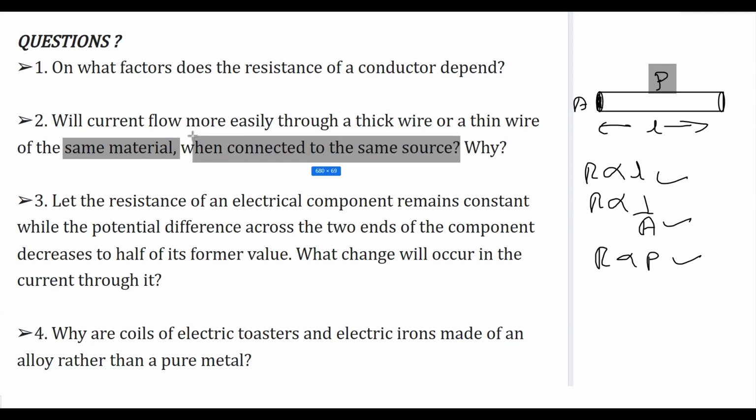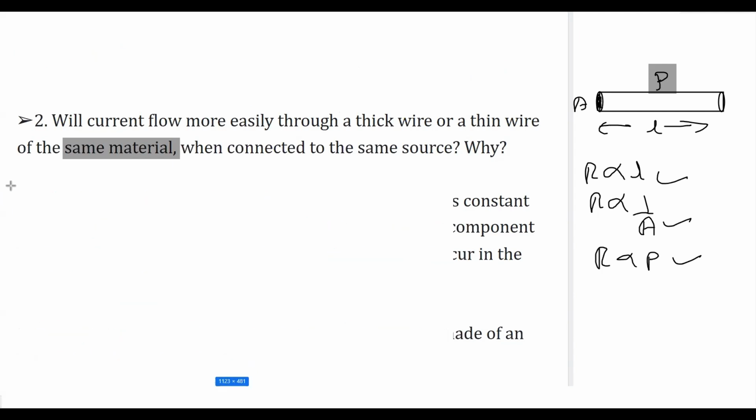And when connected to the same source, thick wire or a thin wire, let's say, once again, you understand two things. I should first remove this portion. Let's focus on this part. Here it says the flow of current. So first of all, you have to recall Ohm's law. V is equal to IR.